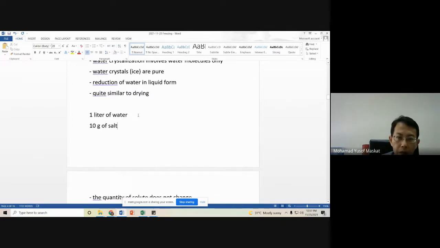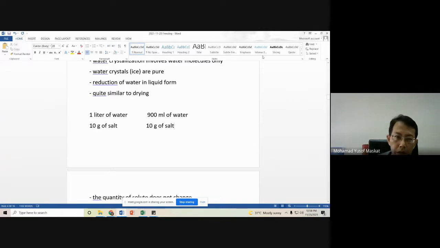This is before freezing. When we freeze, some of the water has been converted into ice, into solid. So what is left may be, for example, only 900 mils of water. But the amount of salt is still 10 grams.